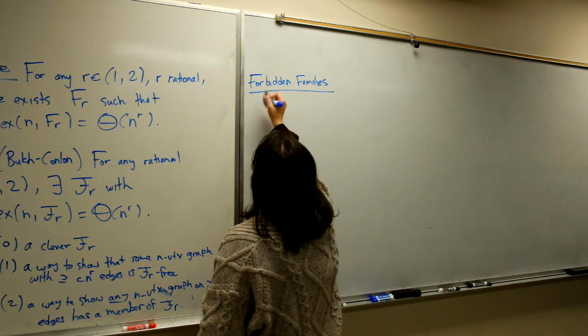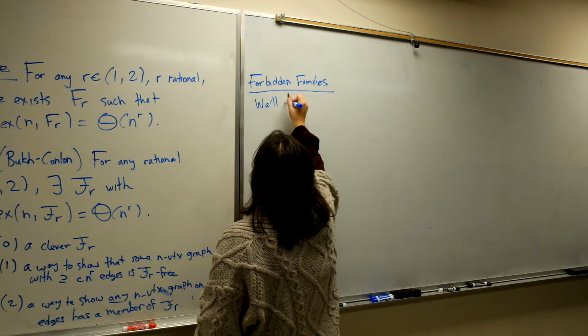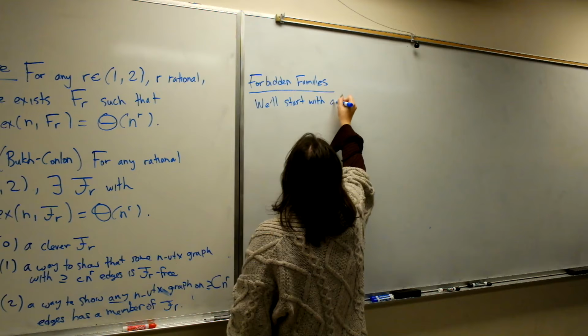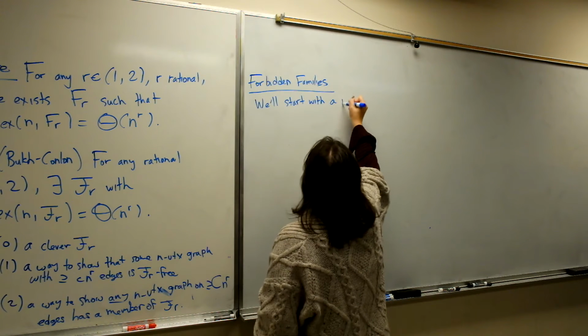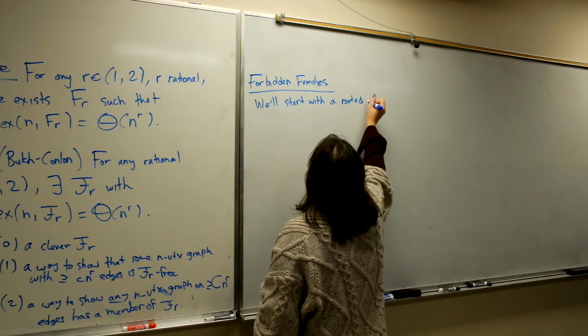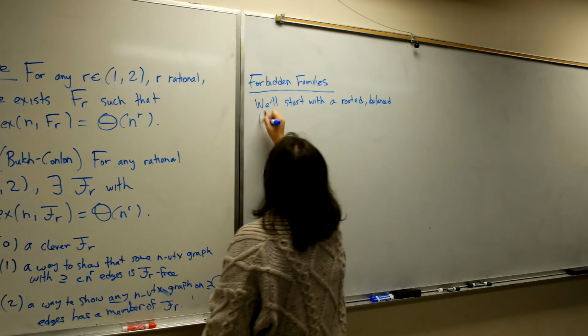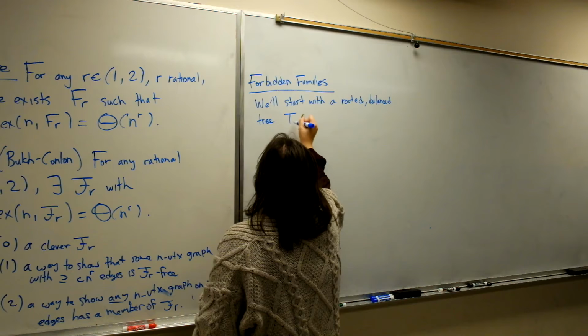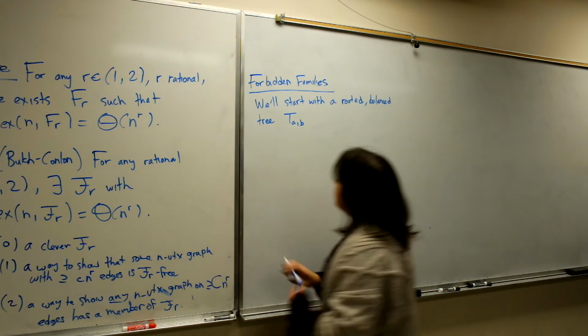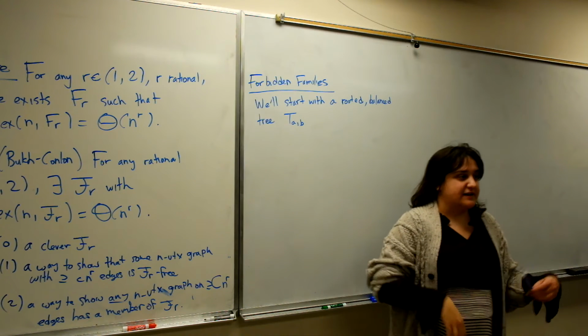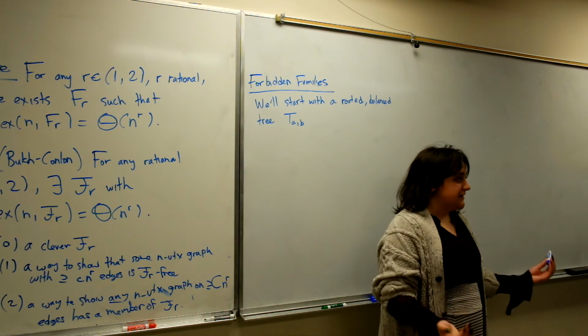So we'll start with a rooted and balanced tree T sub AB, and these A and B are going to keep track of the number of unrooted vertices and the number of edges.